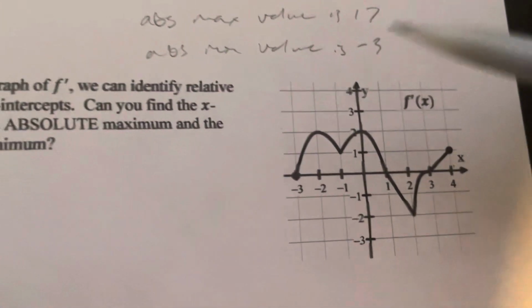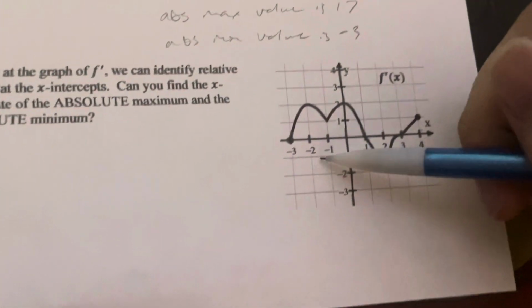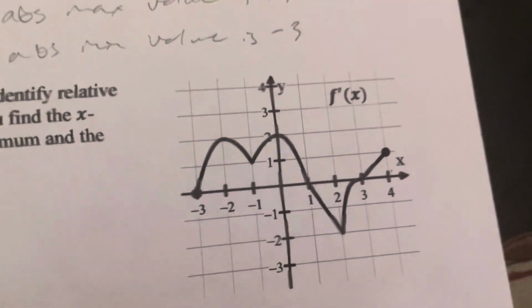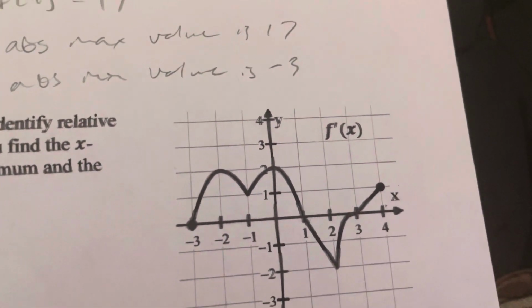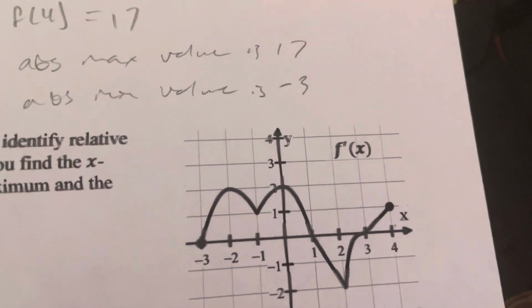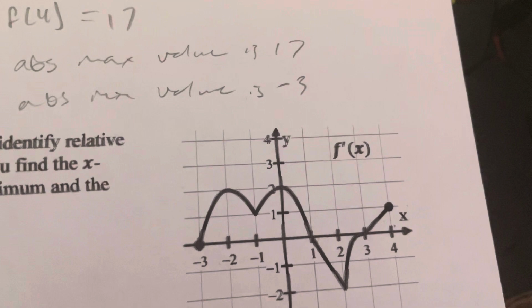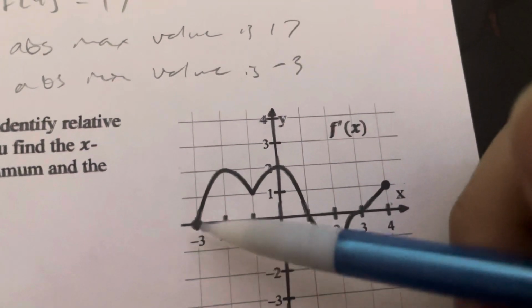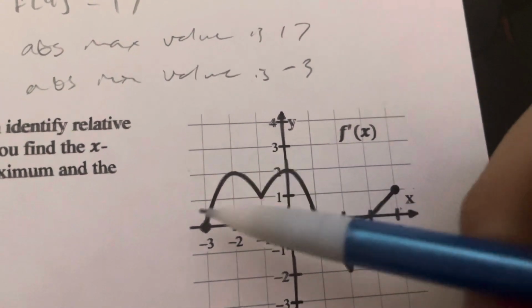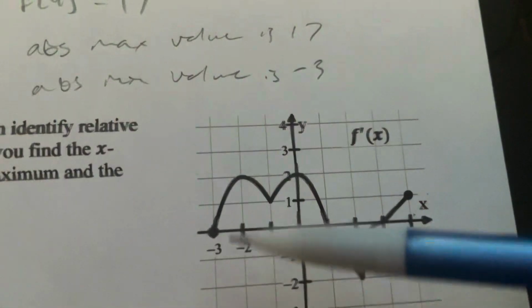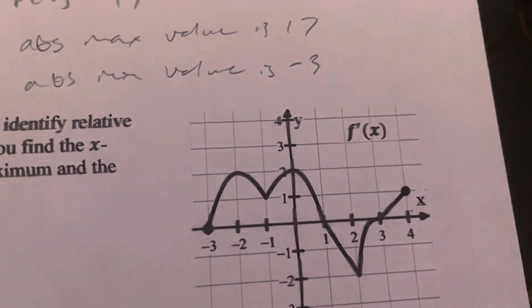Absolute minimum, our two candidates are x equals -3 and x equals +3. Because to have a minimum, it has to go positive leaving away from it. So right here is going positive away, and right here it's going from negative, so it has to be increasing, like leaving it.